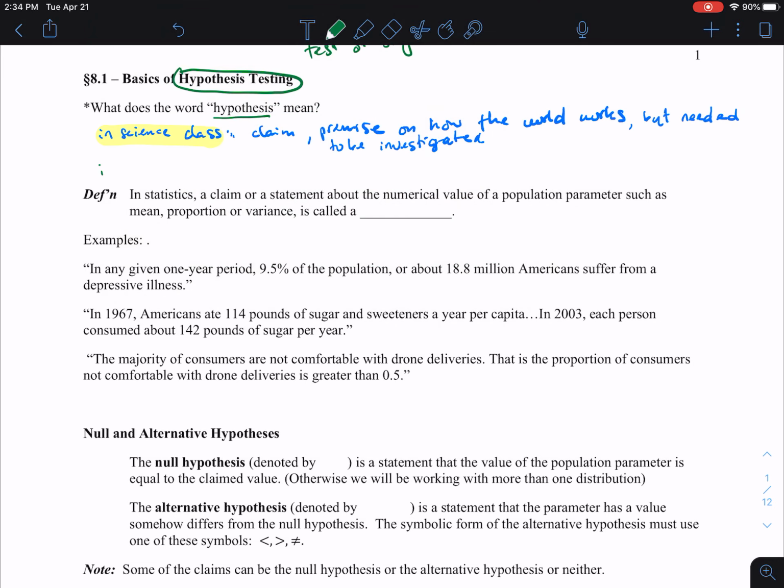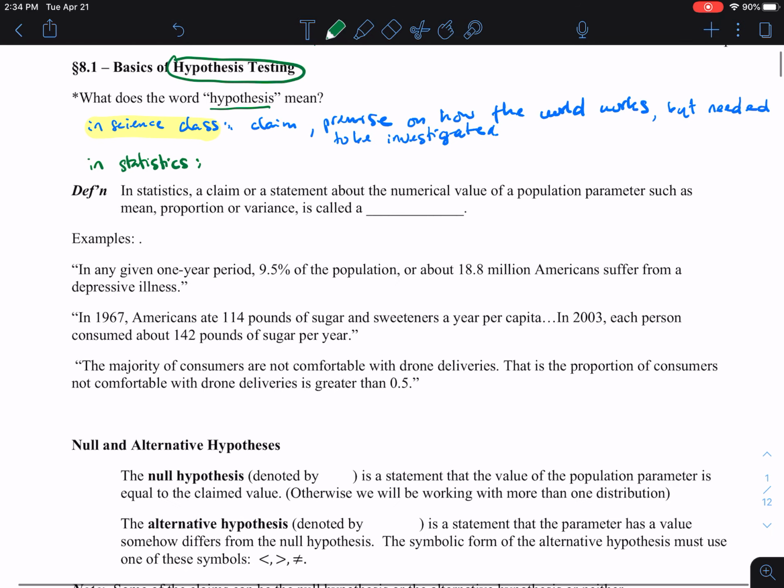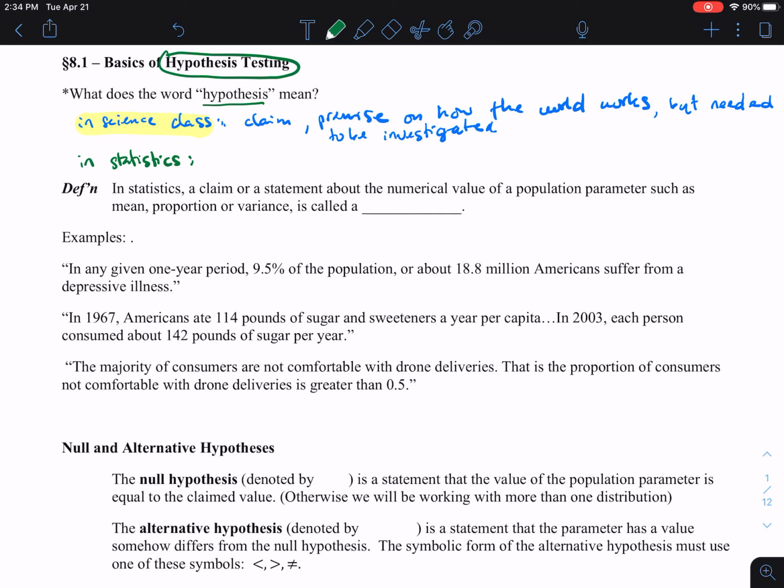In statistics, in what we learn in this class, a hypothesis is a statement or a claim, and that claim usually involves the numerical value of a population parameter.